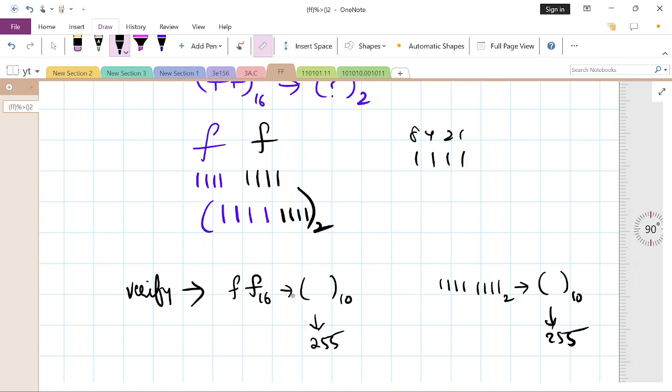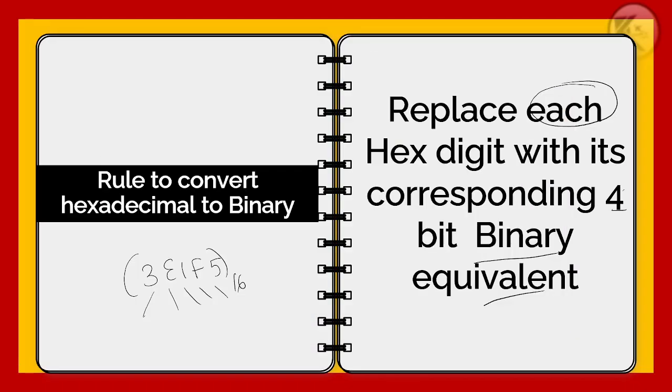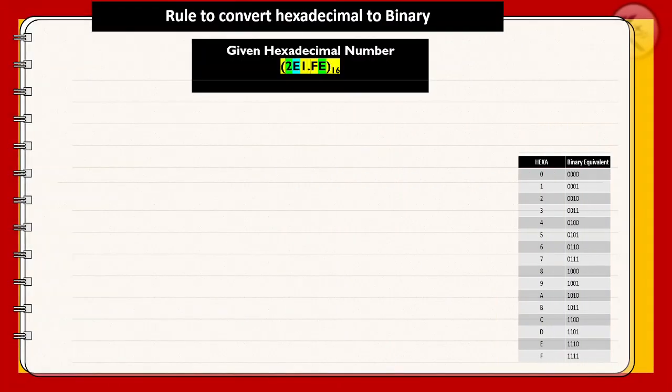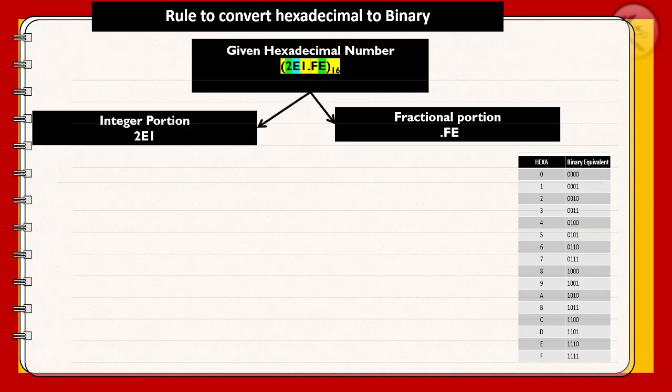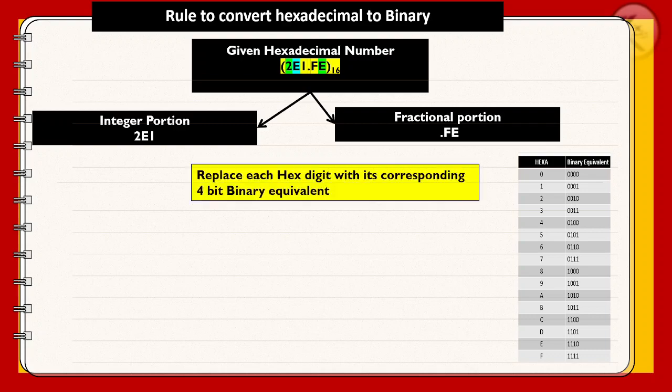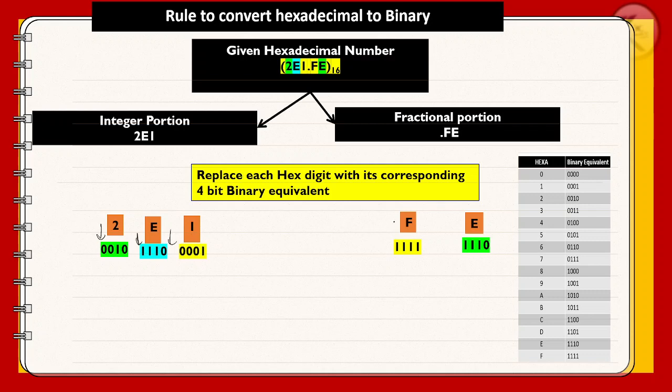Right? So let's see one animated example. This is the given number 2e1.fe. So it has the integer portion and fraction portion. We will replace each hexadigit with its corresponding 4-bit binary equivalent. So these are the codes for 2e, 1, f, and e.